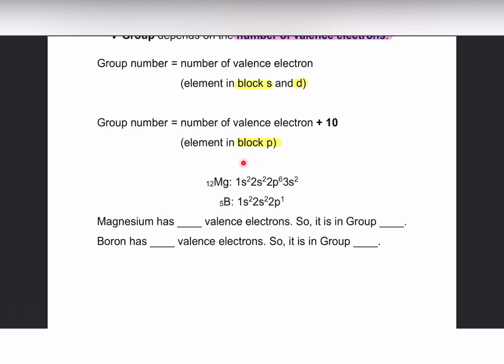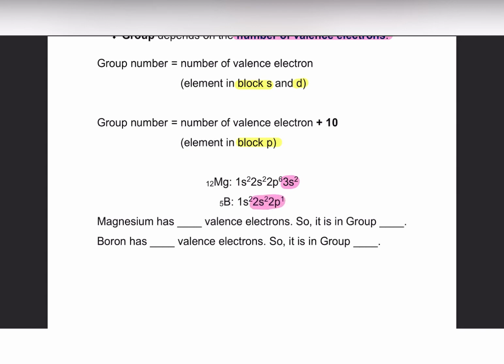I got my electronic configuration. Now, how I want to determine the VEC, kita akan tentukan highest n value. So, highest n value untuk magnesium adalah 3s. Dan highest n value untuk boron adalah 2s2p.